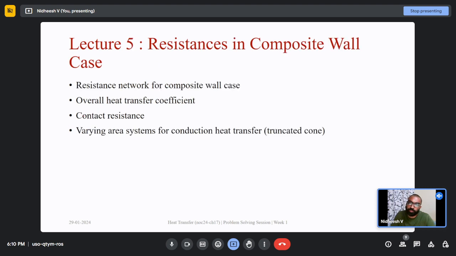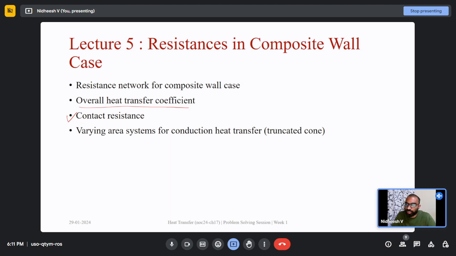After that, we moved on to lecture 5. That was the last lecture in this week, in which we looked at an extensive composite wall made of different materials of different thermal conductivity, and how we can apply this resistance concept to simplify our problem. We also talked about an important quantity called the overall heat transfer coefficient, and we also talked about contact resistances.